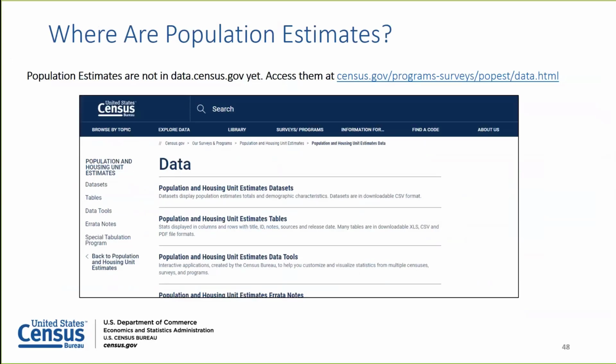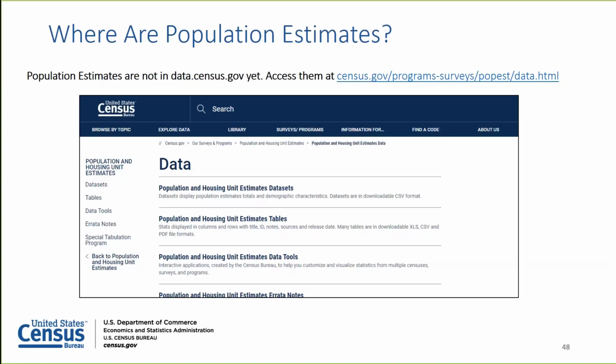Another question we get about data specifically is where are population estimates. So pop estimates are not on data.census.gov yet. They are not going to be migrated over from AFF. They're going to be directly delivered by our internal data providers. So not just external data users are new to the site, but internal data providers and stakeholders are as well.